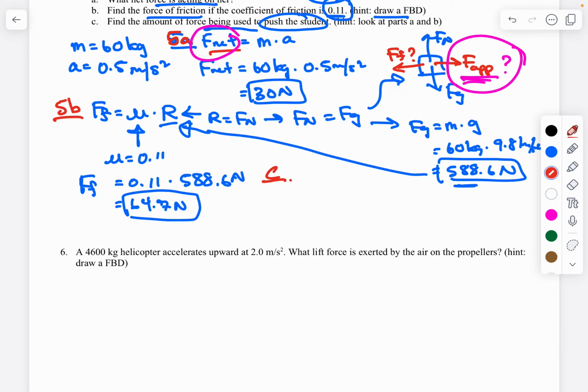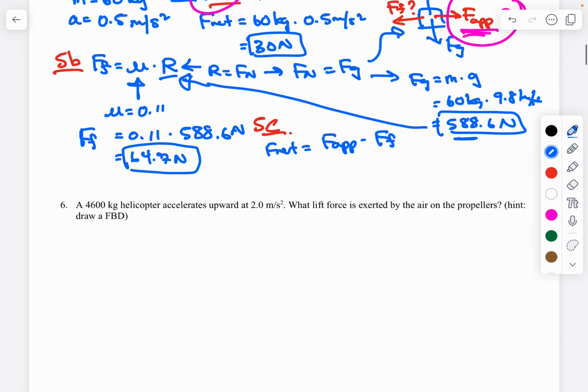So 5C. For this problem, we have to consider F net. F net equals, now the two forces that are involved are this one. Should we make F applied positive minus F of friction? So now we do a subtraction. F net plus F of friction equals F applied.